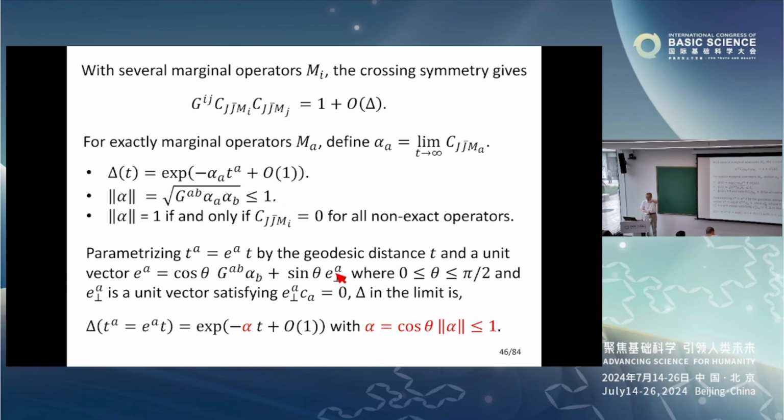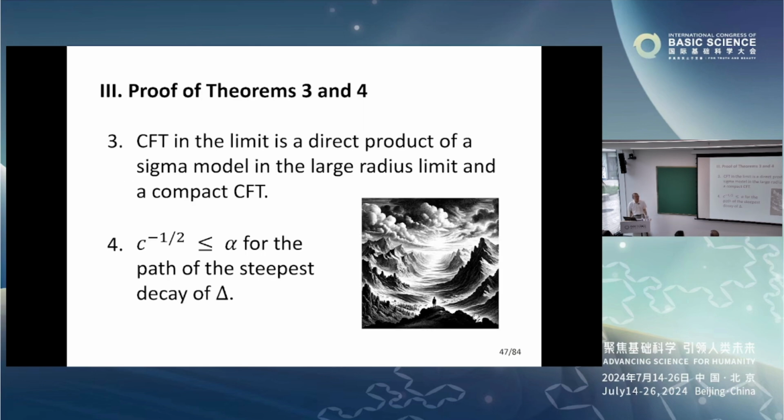But if you have the multi-moduli case, you can also choose to go in the limit in non-canonical paths. So the cosine theta is the angle between the direction of steepest descent of delta and the general direction. So in general, alpha is less than or equal to 1. So this is the result. So this is a proof of the first two statements.